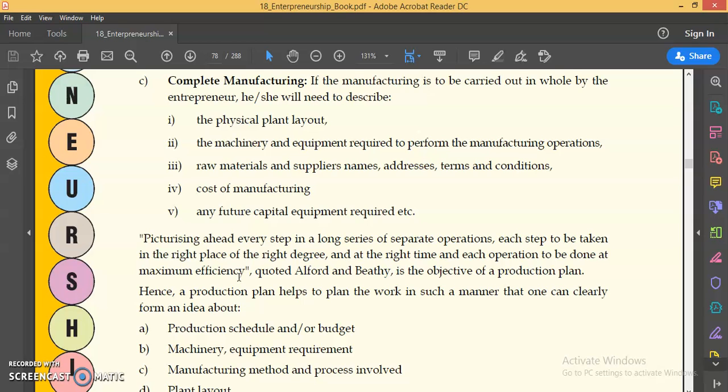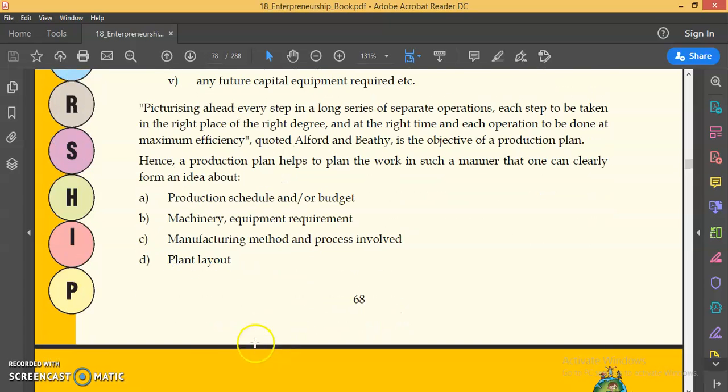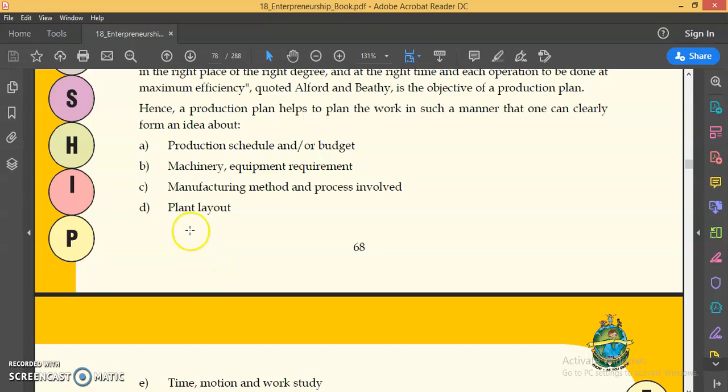Okay, let's scrap. So hence, a production plan helps to plan the work in such a manner that one can clearly form an idea about the production schedule or budget. So how much budget, how much money do you need? Okay. Machinery and equipment requirement, machinery methods and processes involved, plant layout. Definitely the manufacturing plant. You know, what is the layout?